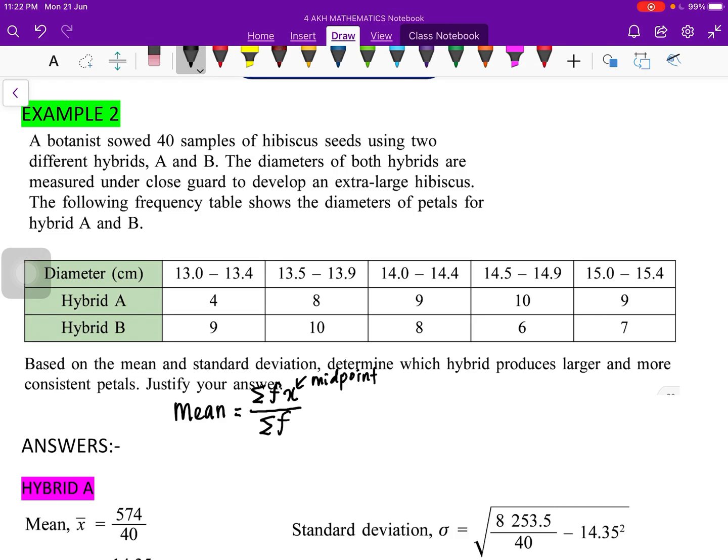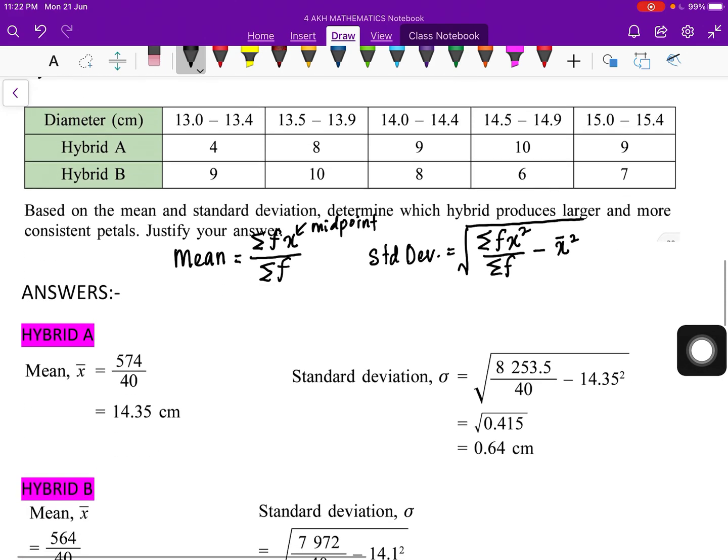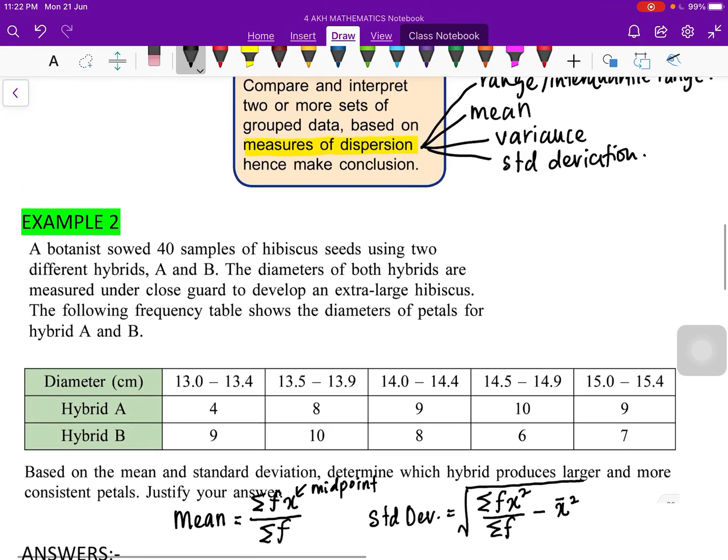And the formula for standard deviation is square root sum of f(x), here again refers to the midpoint, square divided by sum of f minus mean square. Okay, so your calculation, you can do it on your own. So I suggest for you to do a table for all these values.